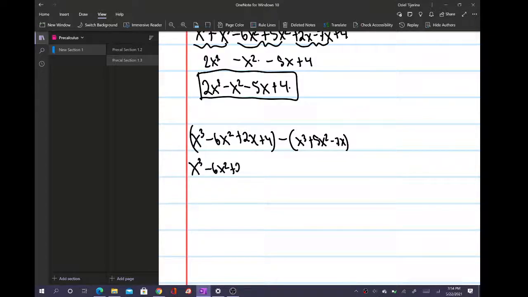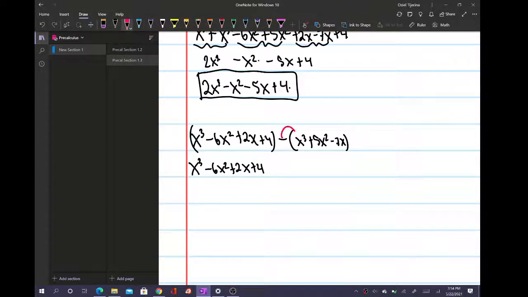It's okay to do that. However, this minus expression, you're going to go ahead and distribute the negative in, right? So we do that, and we get minus x cubed minus 5x squared plus 7x.